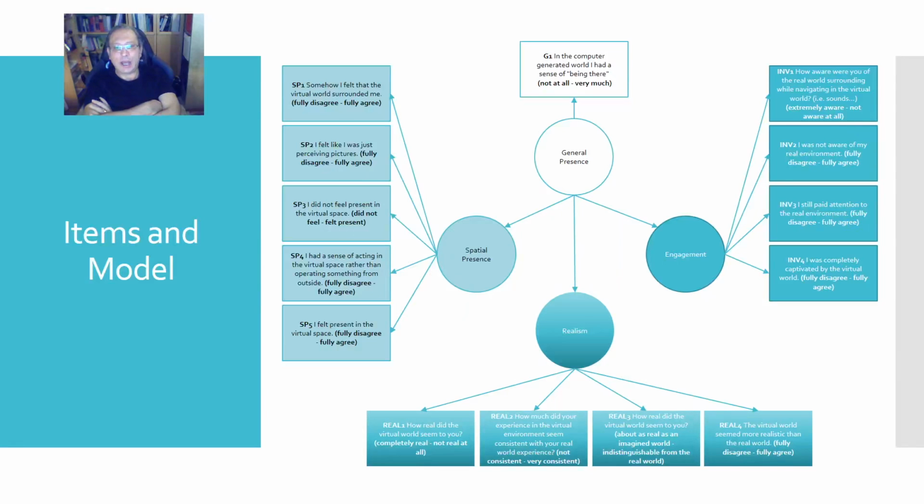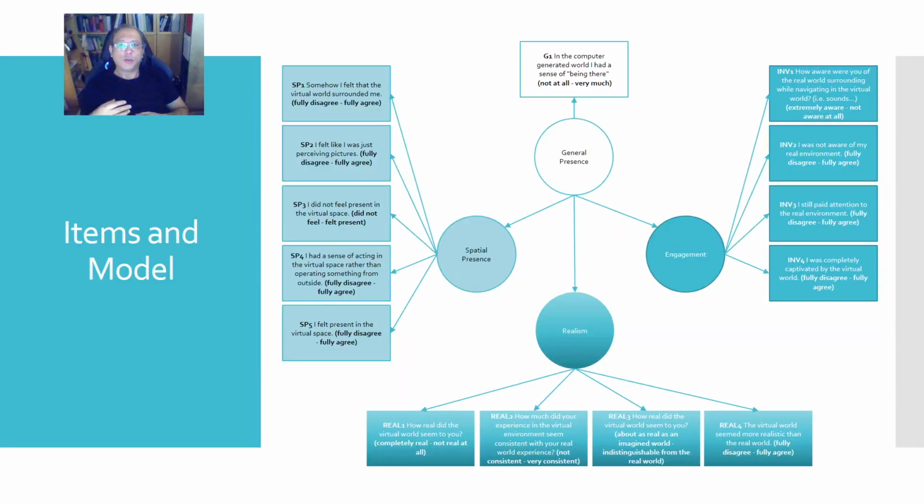And these items are indicators of these different constructs of the presence. So the items should evaluate and reflect those constructs. This is what we are trying to do in the study.